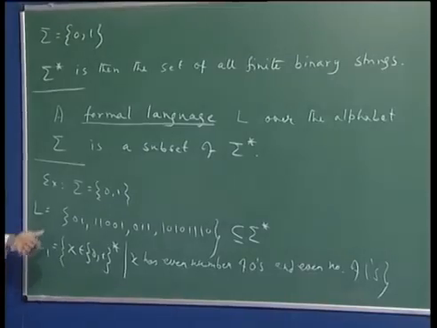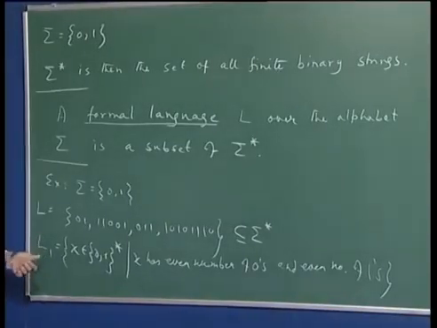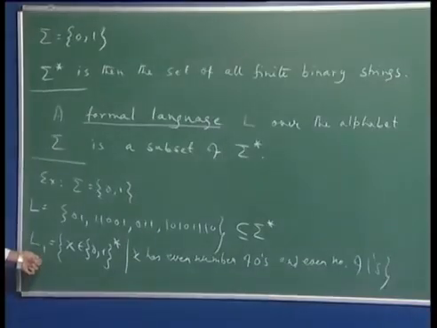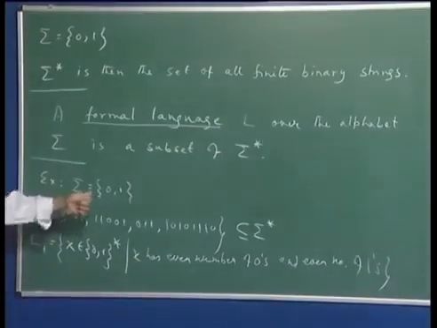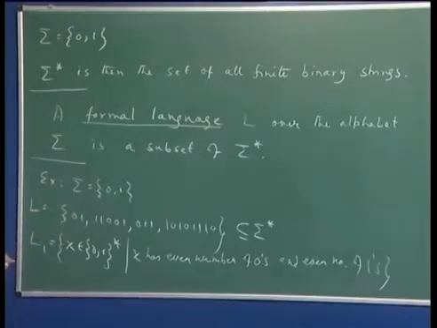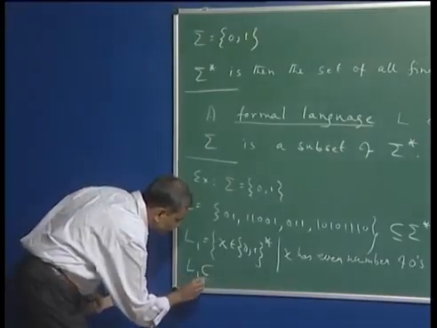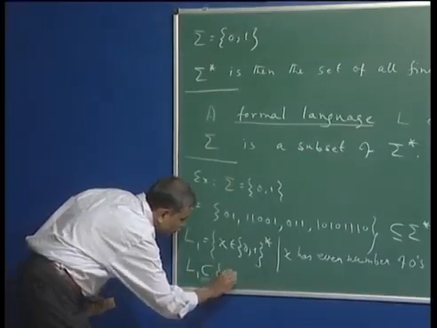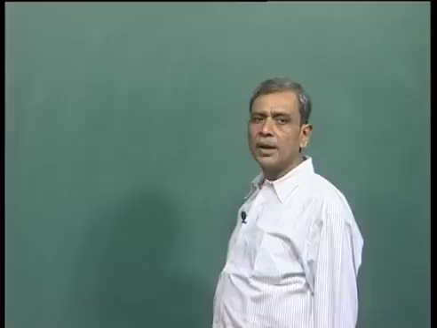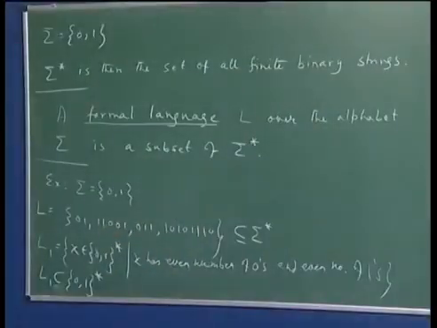At the same time, not all binary strings are in this language L 1. So L 1 is an example of a language over 0 1 which is infinite, but which is not the entire sigma star. So this language L 1 is a proper subset of sigma star.